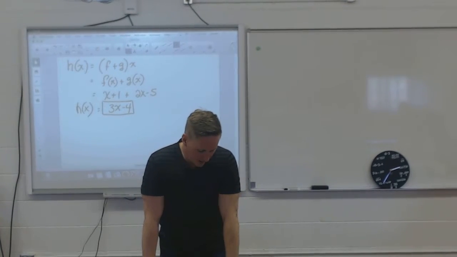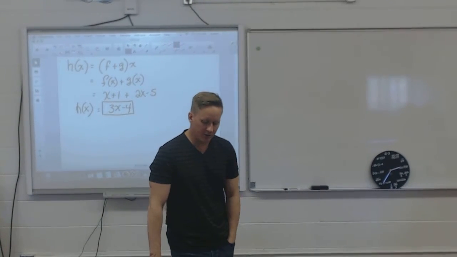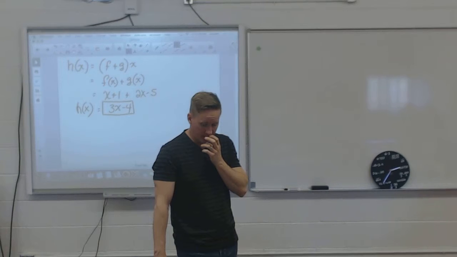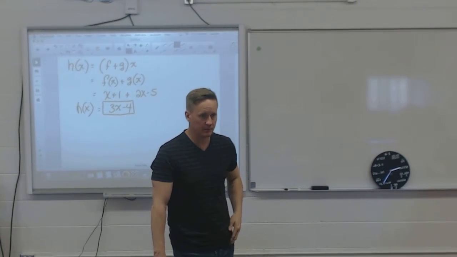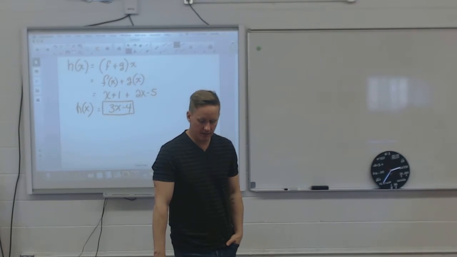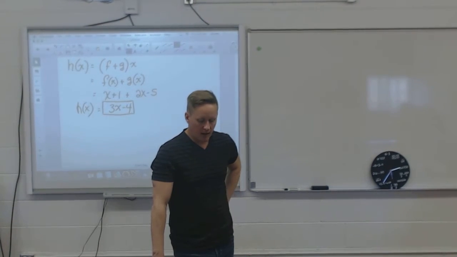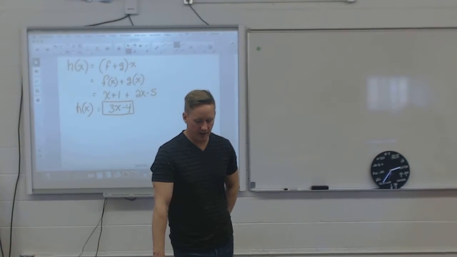It says determine the values of f of x, g of x, h of x when x is equal to negative 3. Okay, so if x is negative 3, what is f of negative 3? Negative 2. How about g of negative 3? Negative 11.